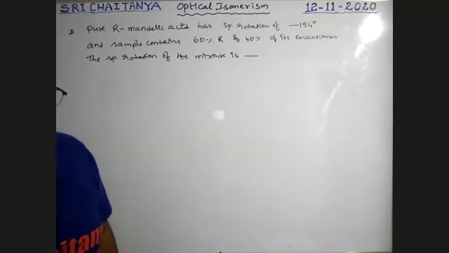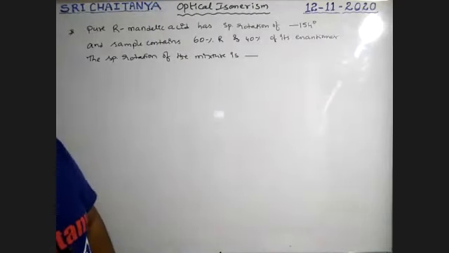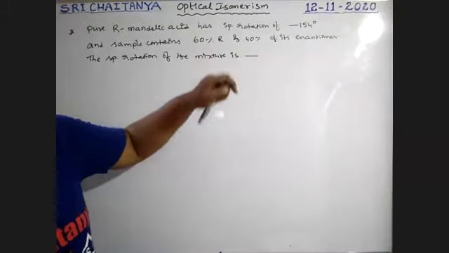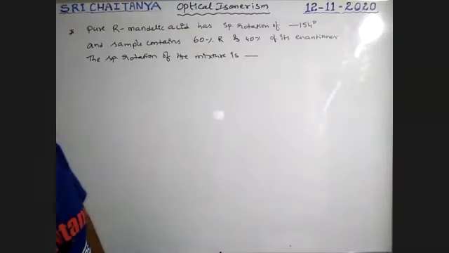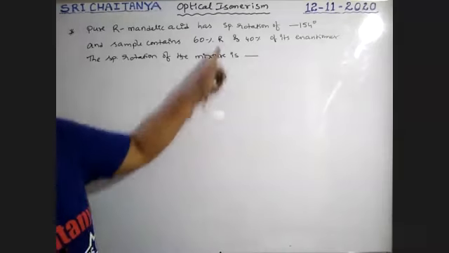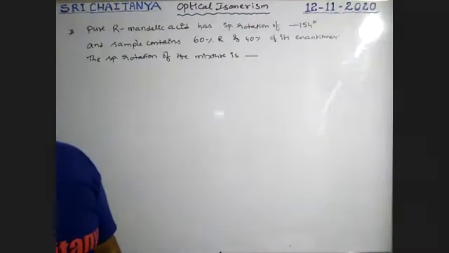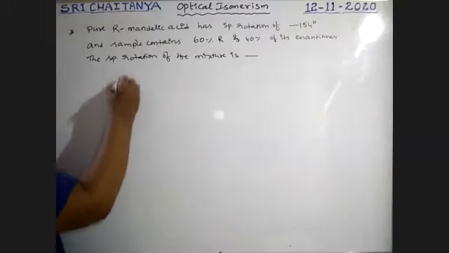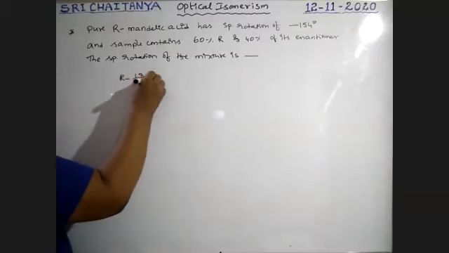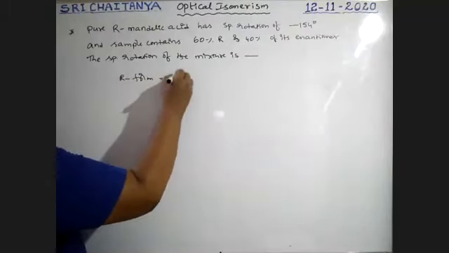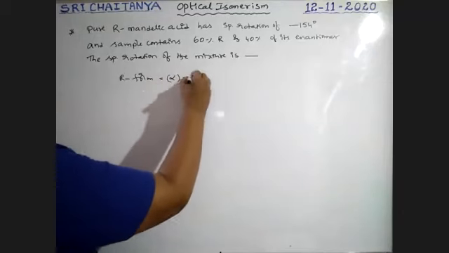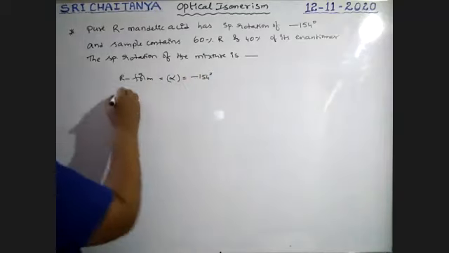R form or L form? 60% R form and 40% L form, and the R form has a negative rotation. See here, the R form specific rotation is equal to minus 154 degrees.